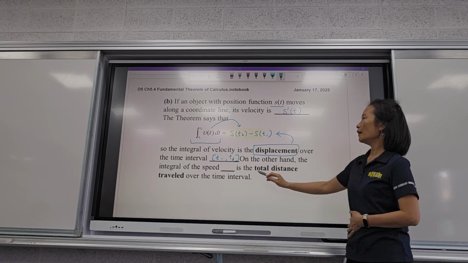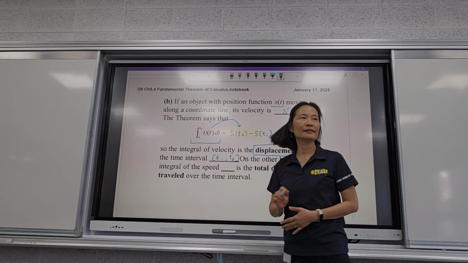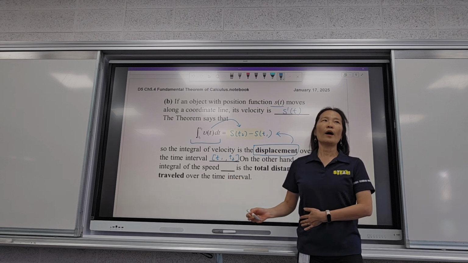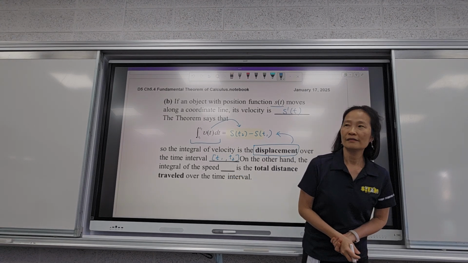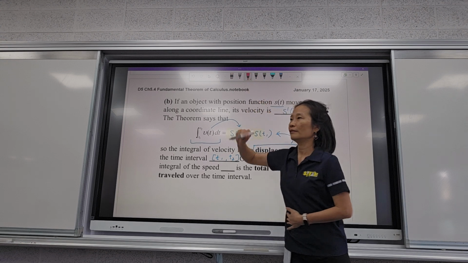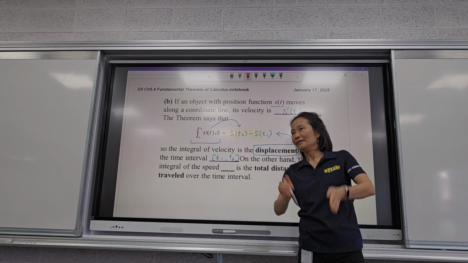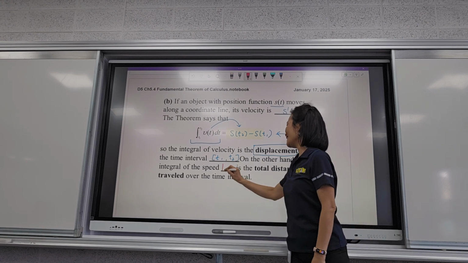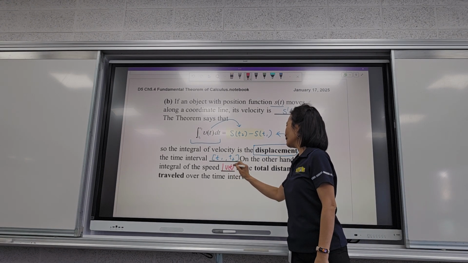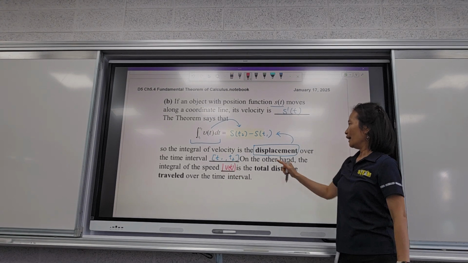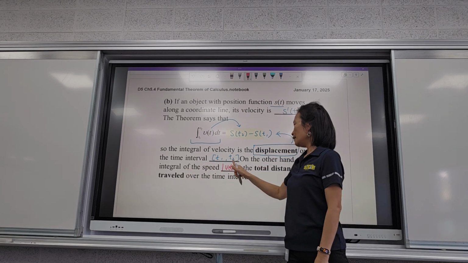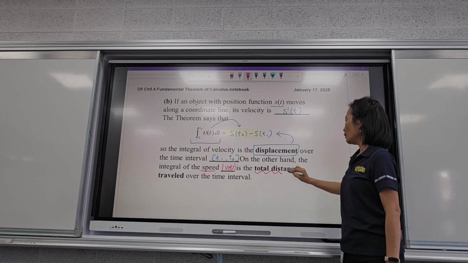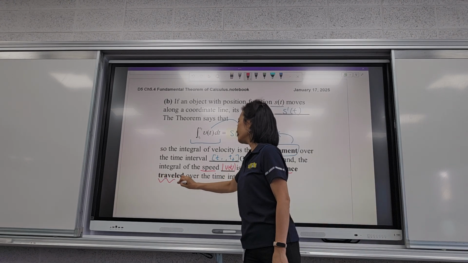On the other hand, the integral of the speed, if v of t is the velocity function, what is the speed? Absolute value of v of t, yes. If you integrate the speed, it will be the distance traveled.